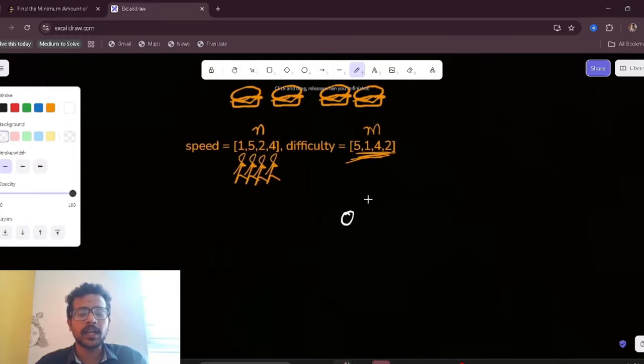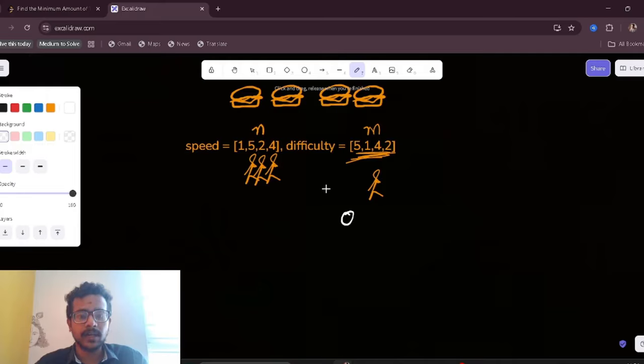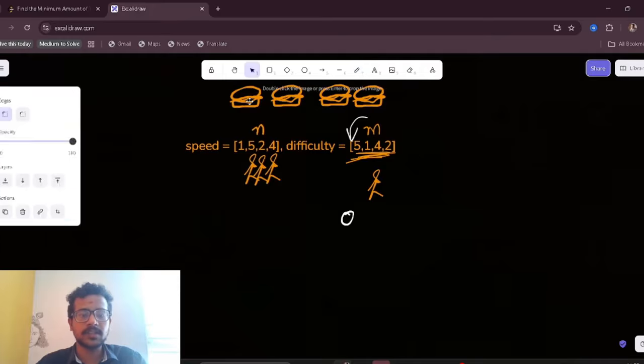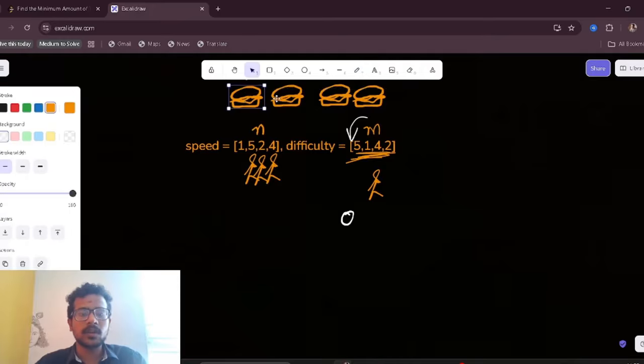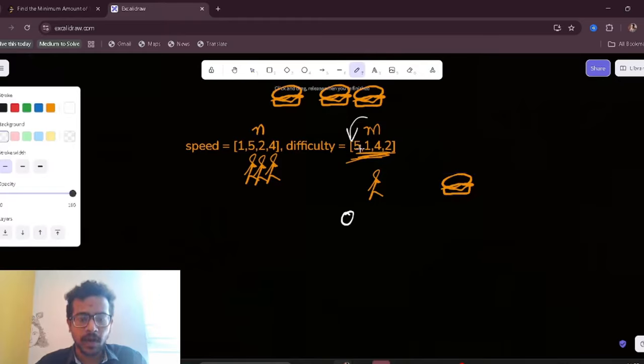The time taken by this chef to cook burger 0, which has a difficulty of 5, is 5 into 1. As I said, time ij is equal to speed of i into difficulty of j.